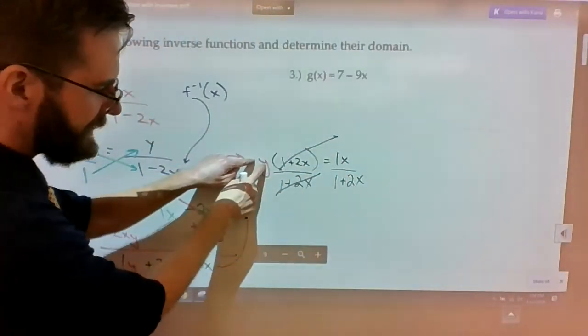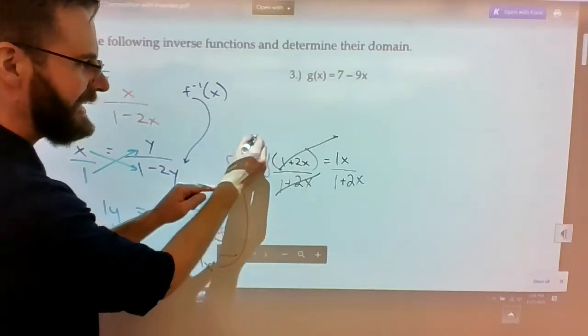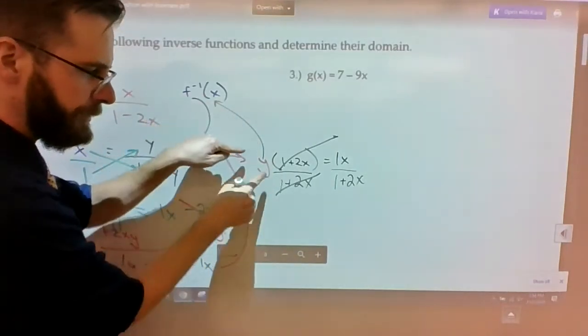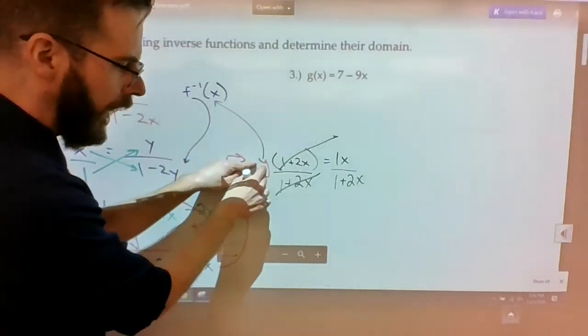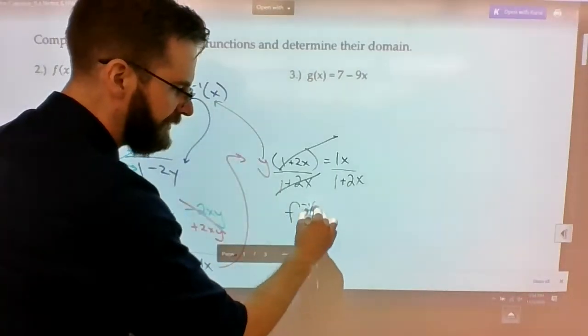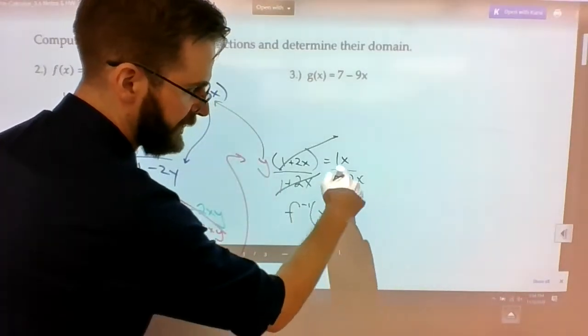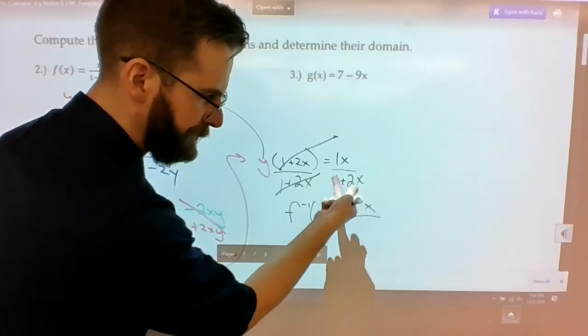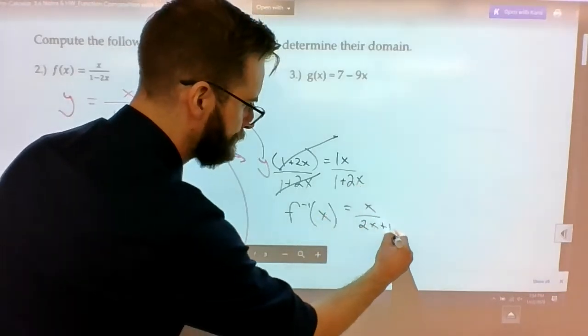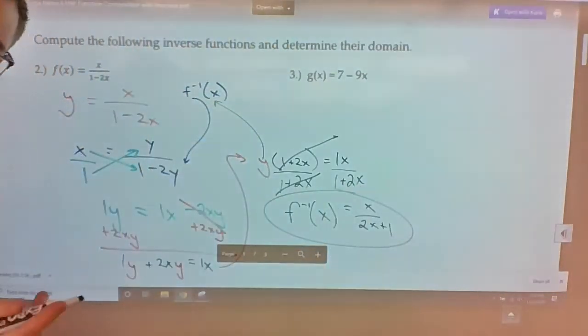So, y by itself, that's technically f inverse of x, so I'm going to do the replacement. It's not y, it's f inverse of x is equal to this function. x over, and I'm just going to commute, 2x plus 1. There's our inverse function.